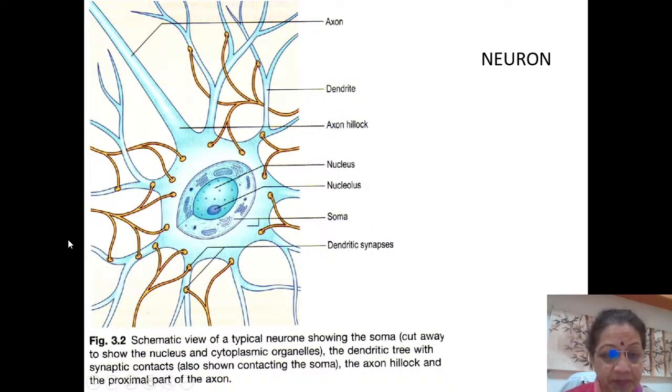But what we are also seeing is incoming connections from the next adjacent neighboring bunch of neurons, and they come and end in little button-like expansions right on the surface of the cell body. Though here we've cut it away to show it as if it's an open view, these endings are not happening in the cytoplasm.